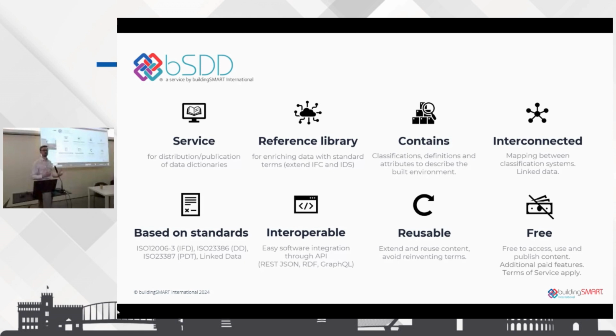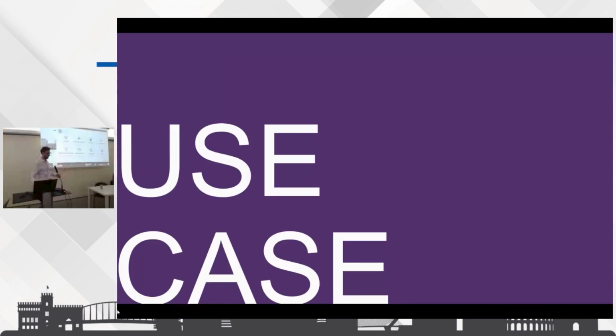We don't have to define for each purpose, for each project, how we call the area, because we can already reuse the definitions that are standardized from all of the organizations that already published in BSDD. And I would like to invite Anouk to present the WaterNet use case.